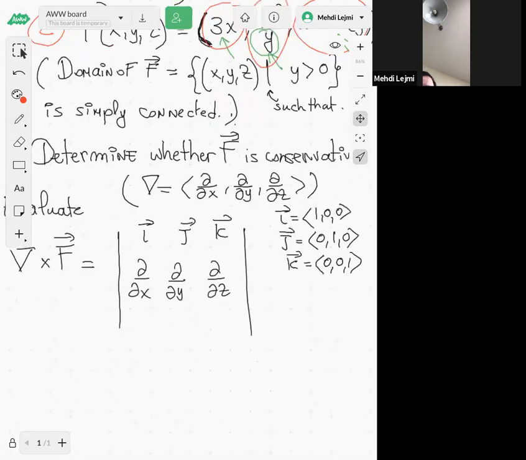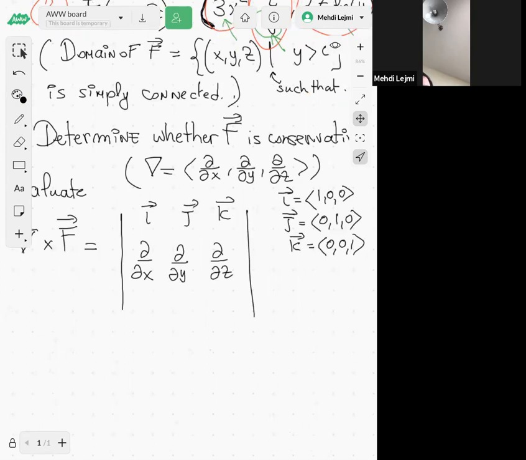So in the last row, we have 3x squared, the second component z squared over y, and the third component 2z natural log of y. Now we need to compute the cross product. What would be the coefficient of i? We cross multiply the partial y with the 2z natural log of y.